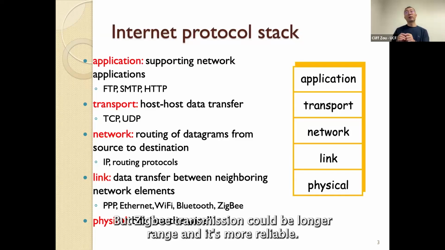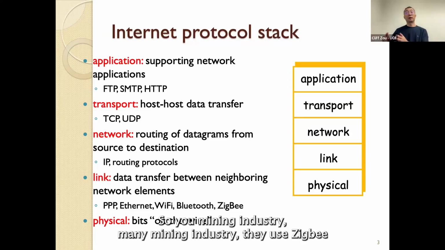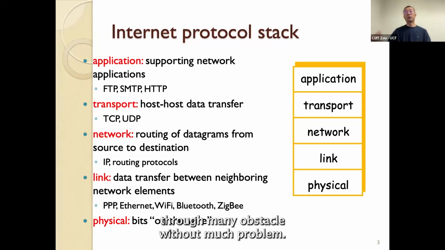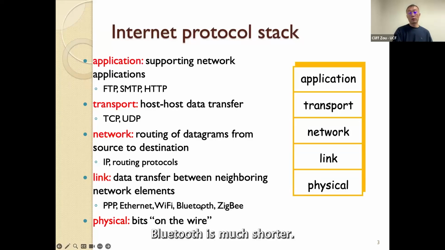But Zigbee transmission could be longer range and it's more reliable. So in mining industry, many mining industry, they use Zigbee because the signal can travel through tunnel, through many obstacles without much problem.